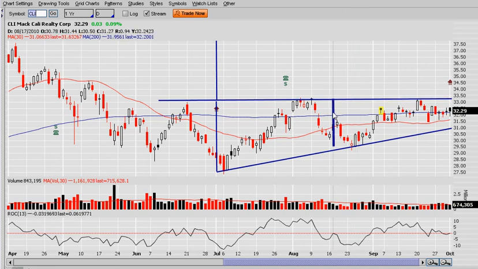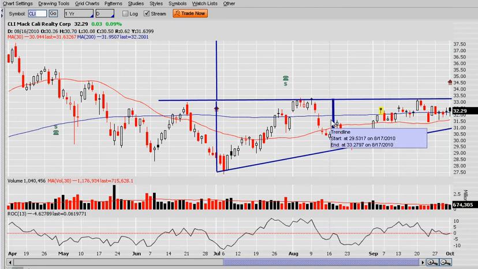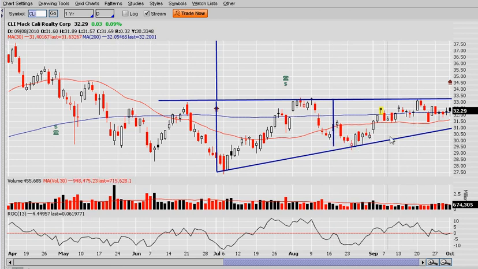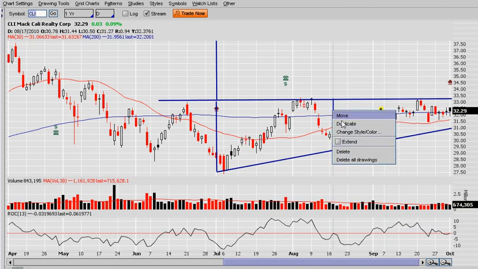And 40% of that move puts you at an order entry of 32.10. So when you do your trade, you want to get in at 32.10. That's 40% of the last move. Or if you want to do 45%, it should be roughly around 31.90.